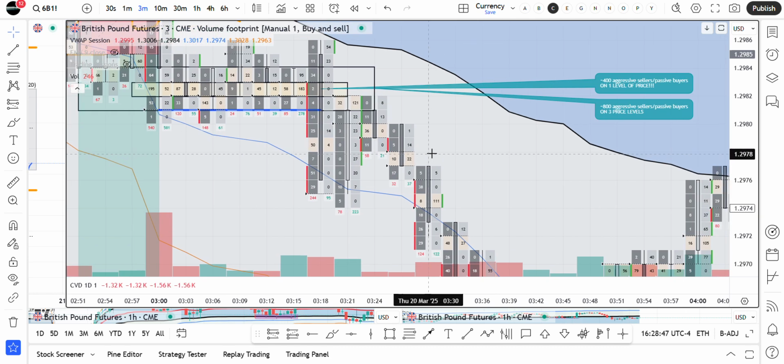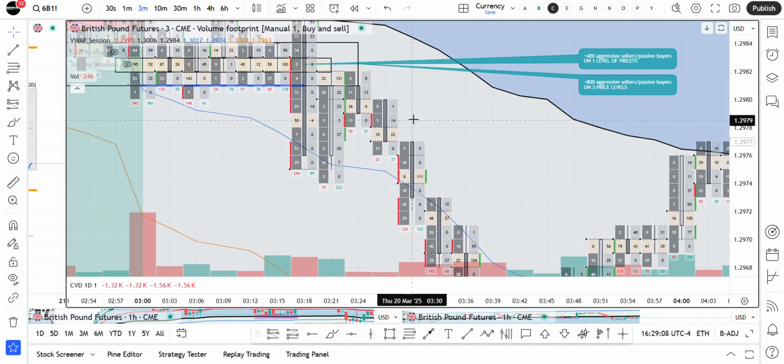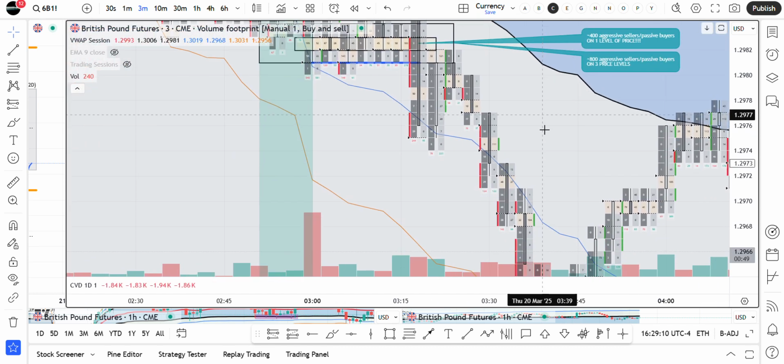So it's kind of like a snowball effect. As soon as I step out the way, there's more momentum in that direction, and with more momentum, there's more contracts that will jump and push it further.